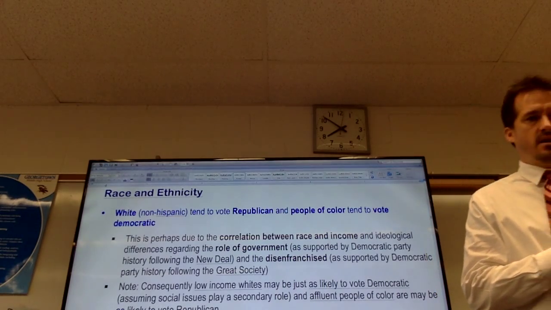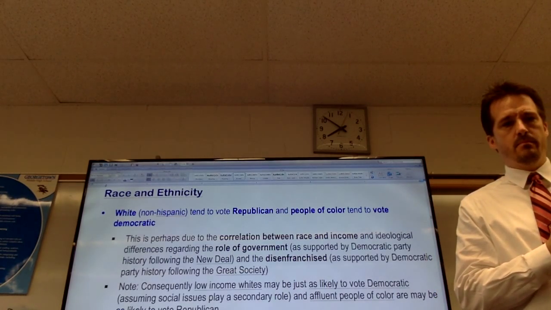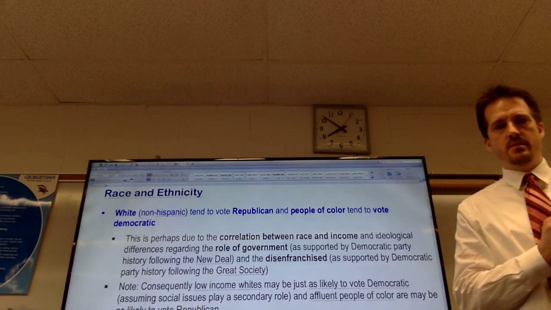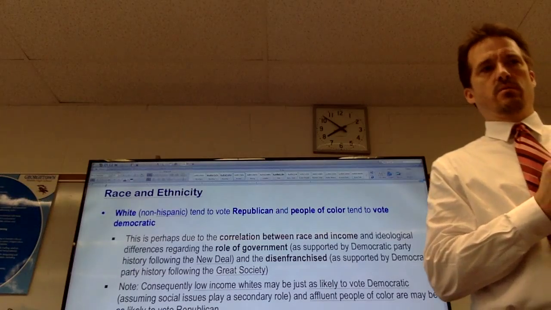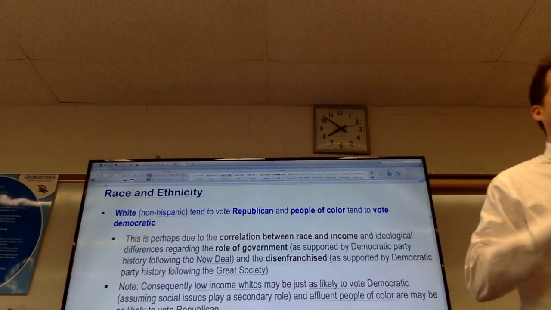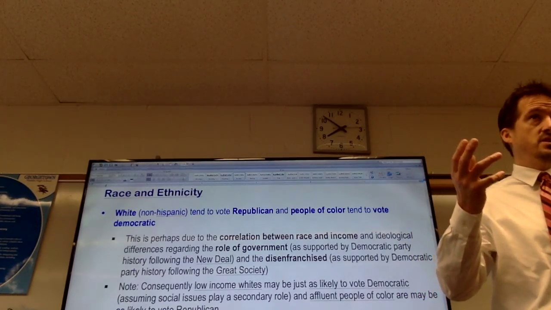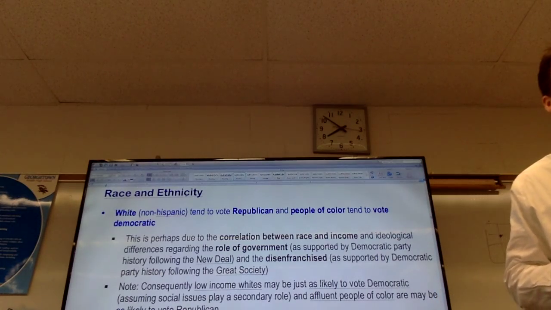If you are of a lower income group, there tends to be educational disadvantages, and that in turn will impact income. The higher the level of education, the higher income that you have.